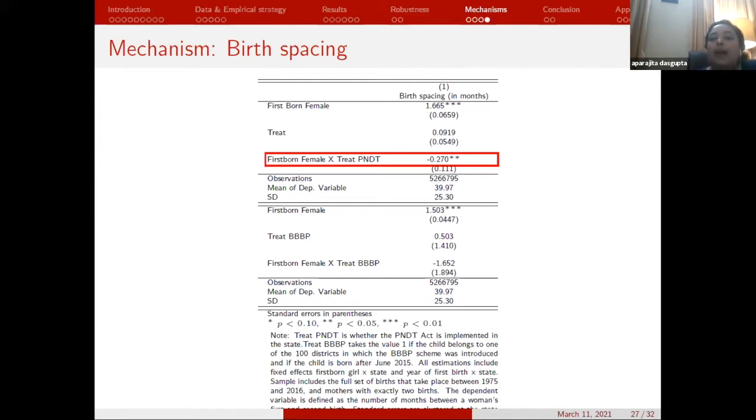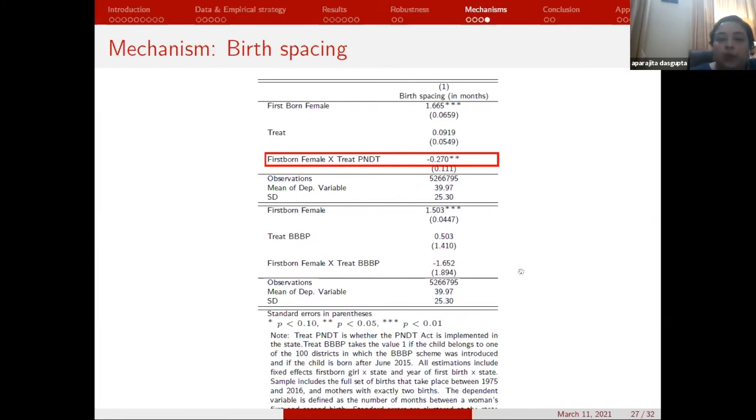This is looking at the difference between the number of months between the first and the second pregnancy, and we are restricting this to females with two children, following the strategy used in the Anukriti, Balotra and Tam paper. And again, we find exactly the opposite result here. Again, for B3P, it's not significant.